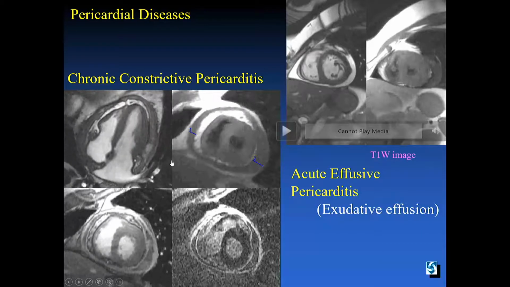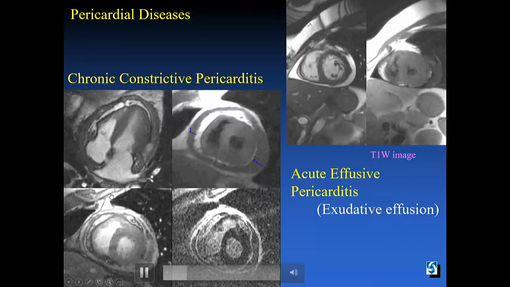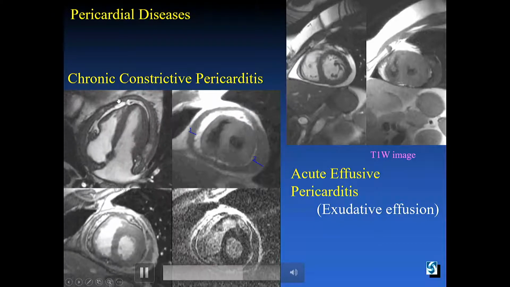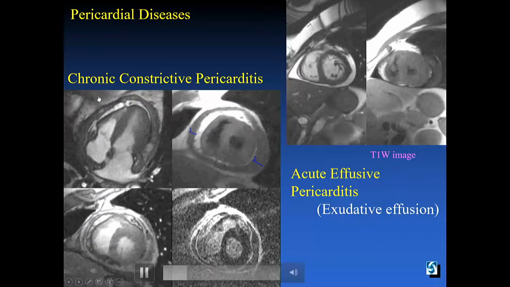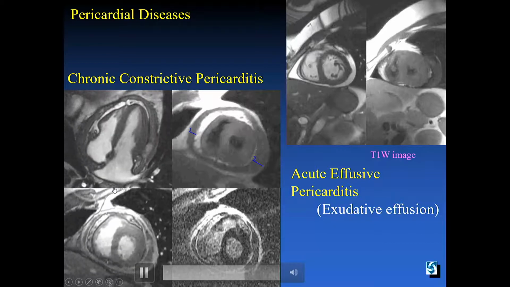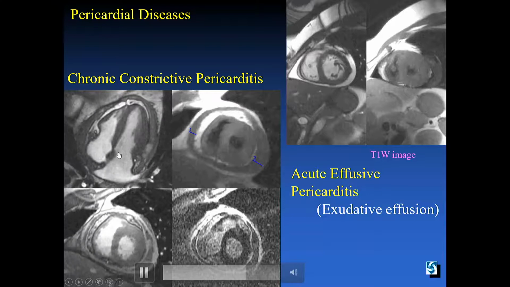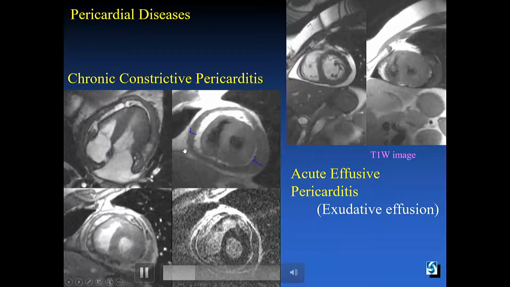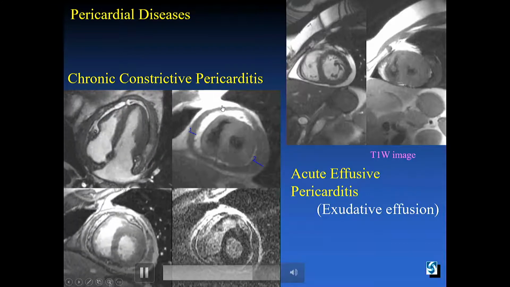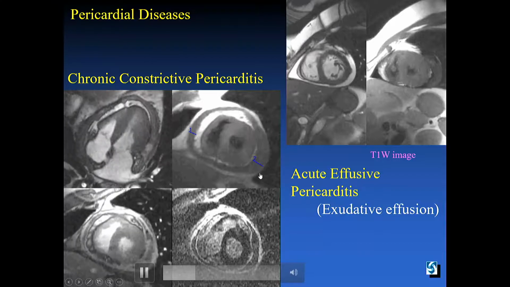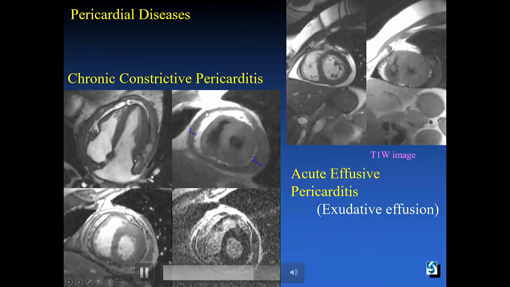But in patients with a different variety of pericardial disease, such as in this case, a more chronic scenario, a patient with recurrent pericarditis that eventually led to constriction, you can see the pericardium, as illustrated by the dark band here, is markedly thickened.